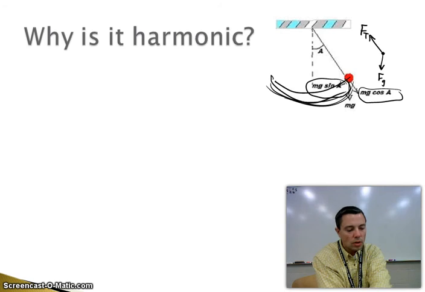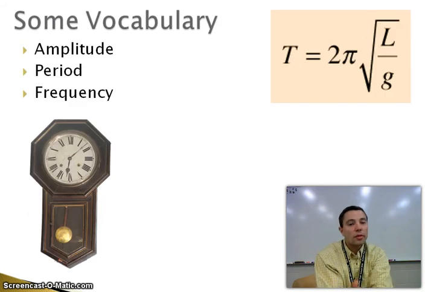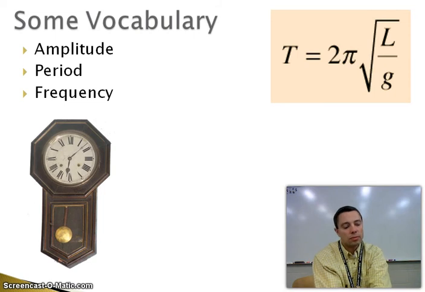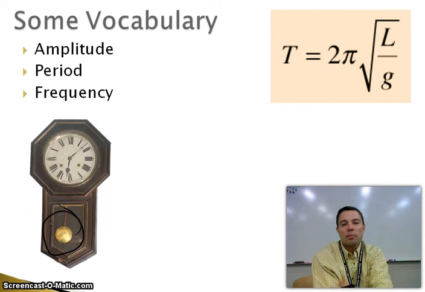Now, when we are studying these pendulums, there are a couple of things we need to know, and three specific vocabulary terms. Two of them we've already talked about before, and that's period and frequency. I've got a nice picture here of a grandfather clock, and the grandfather clock has a pendulum in it, and that pendulum is what actually keeps the time.